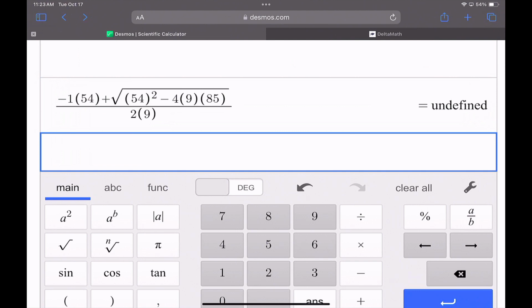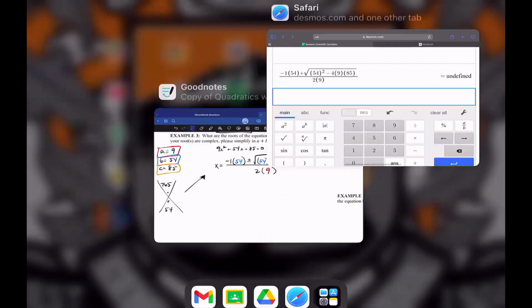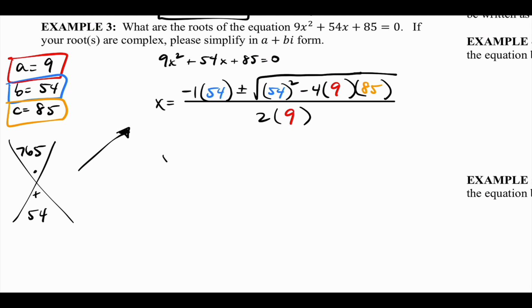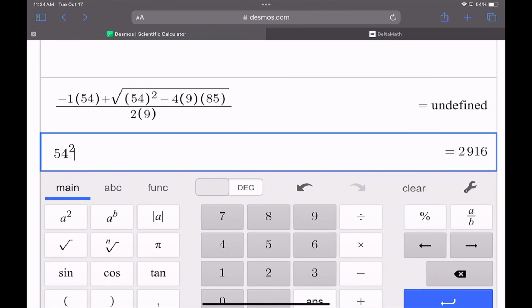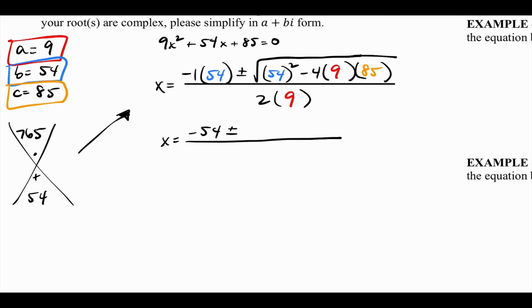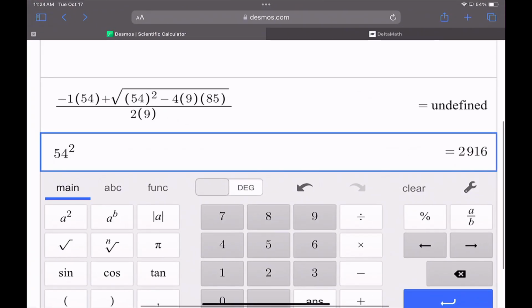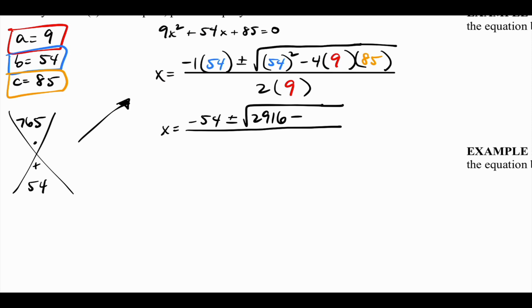So I'm going to do -1 times 54, which is -54. Plus or minus 54 to the second power, 54 times itself, 2,916. 4 times 9 times 85 is 3,060.